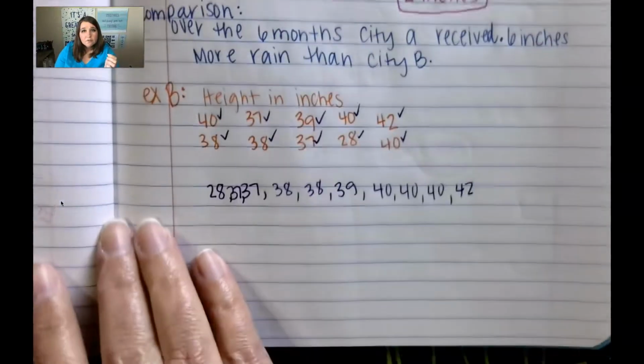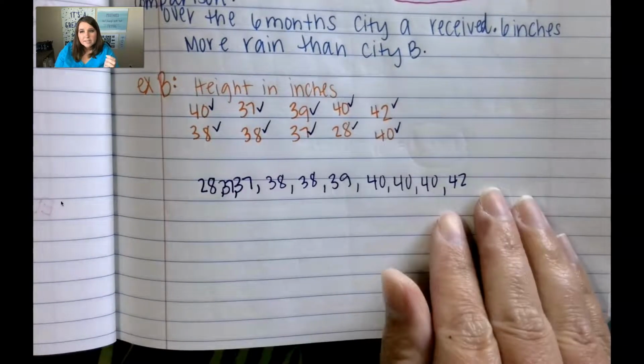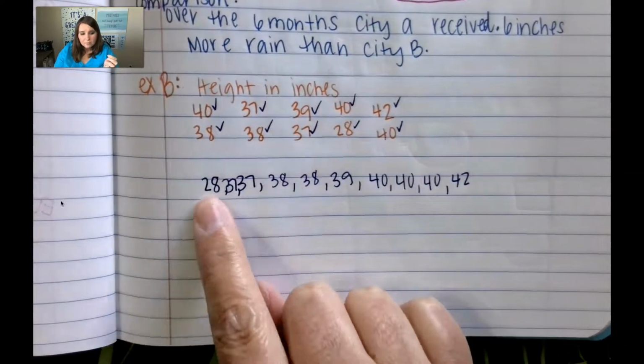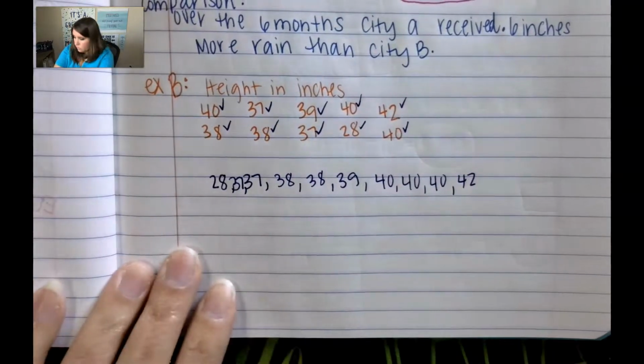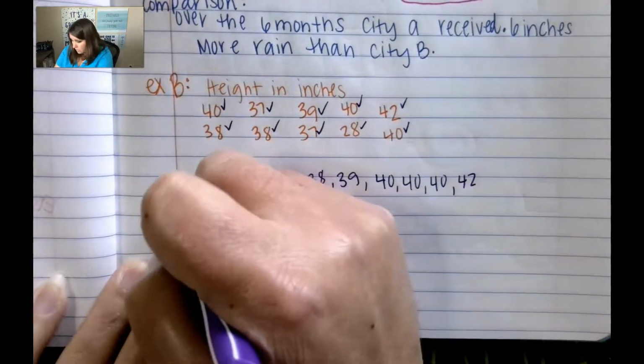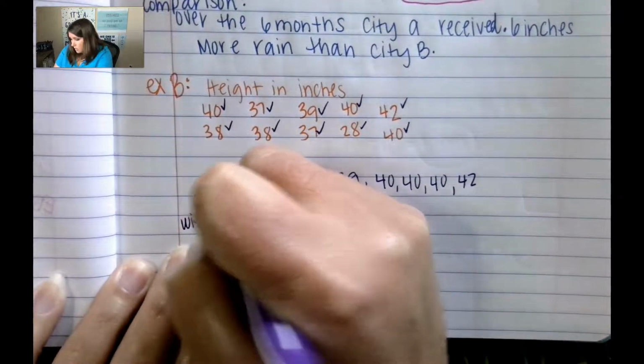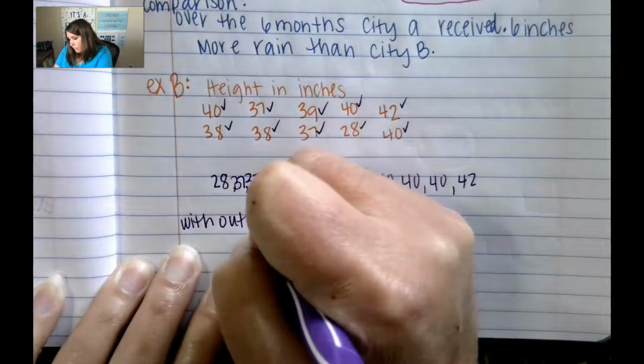So let's start first by adding all these up together using the outlier. So we're going to do it with the outlier and without the outlier. So let's start with the outlier.